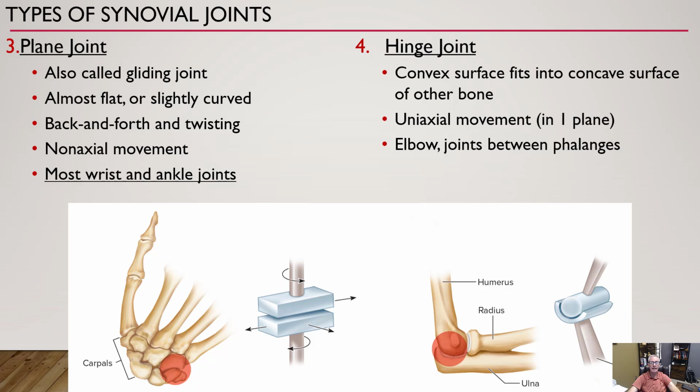All right, a plane joint or a planar joint, also called a gliding joint. Sometimes you'll hear the term gliding joint. Again, back and forth, sometimes twisting, non-axial movement. Most of your wrist and ankle joints.